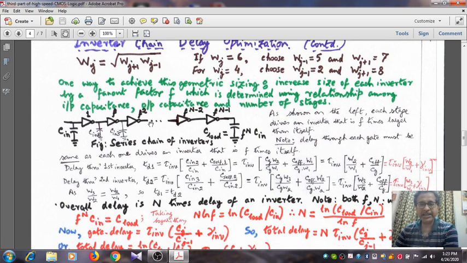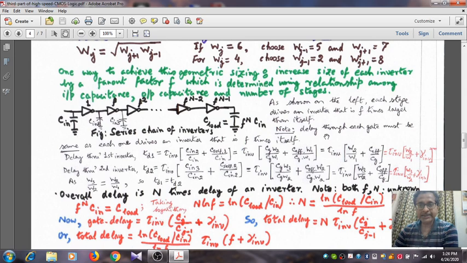As shown on the left, each stage drives an inverter that is F times larger than itself. Note that the delay through each gate must be the same, as each drives an inverter that is F times itself. I can prove it also for your benefit. Why do we say that the delay through each stage should be the same?